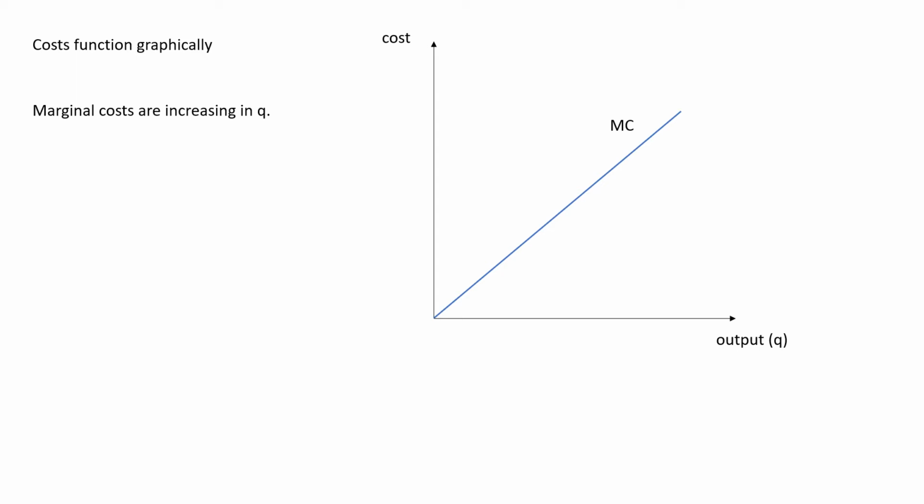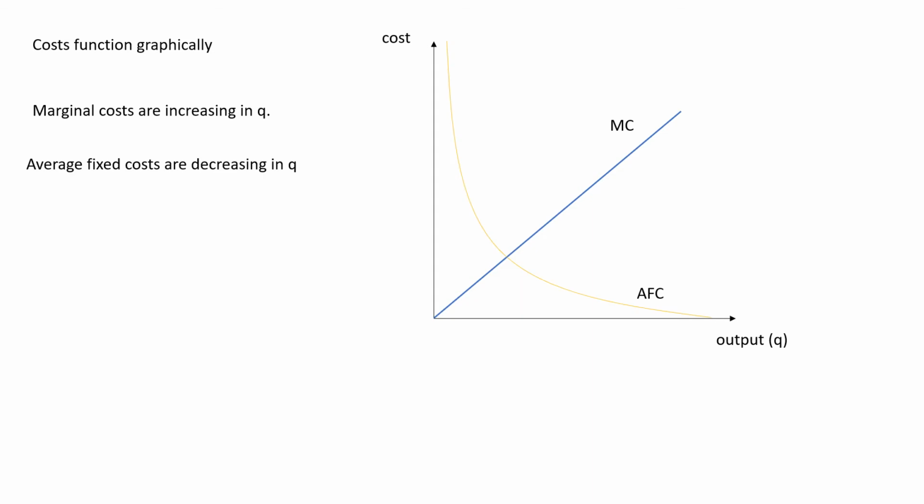Here, I chose to represent marginal cost by a line. Nevertheless, it is not necessary that marginal costs are representable by a line. That is, marginal cost may actually increase exponentially instead of increasing linearly like in this case.